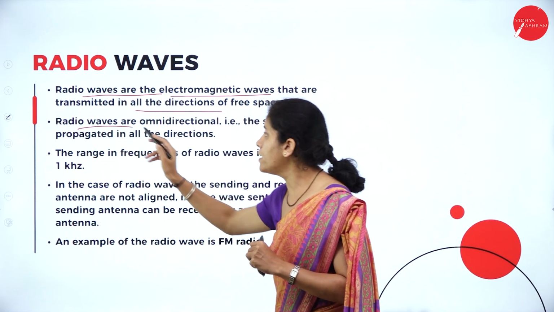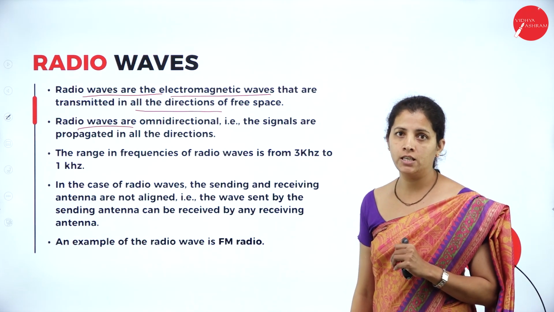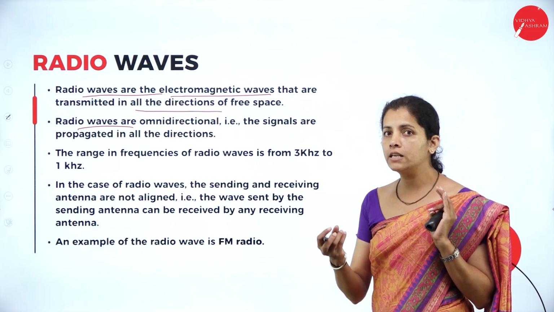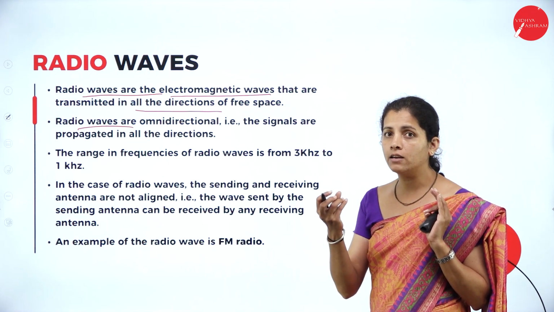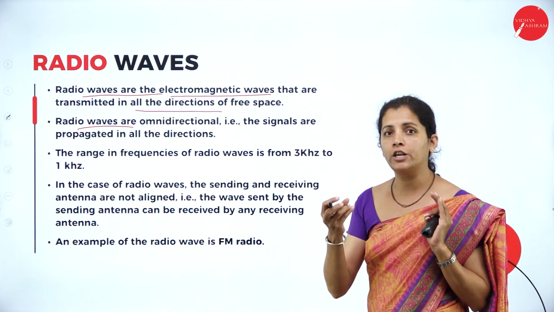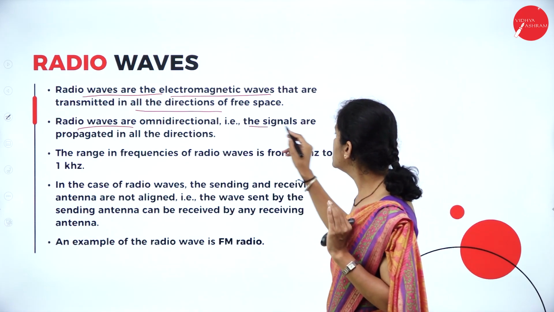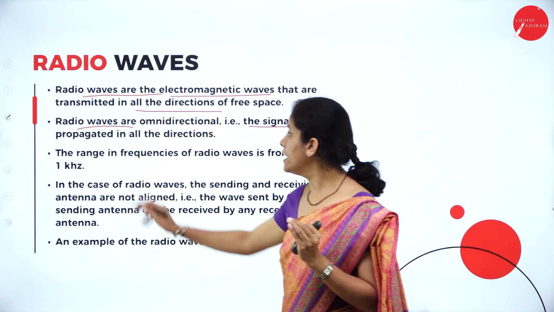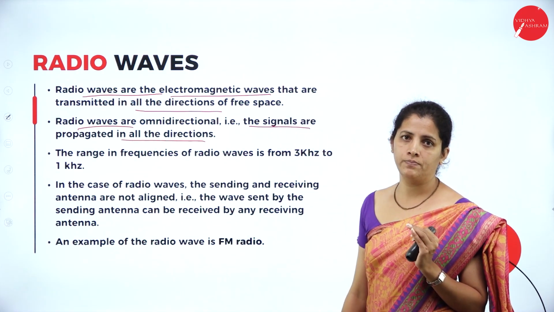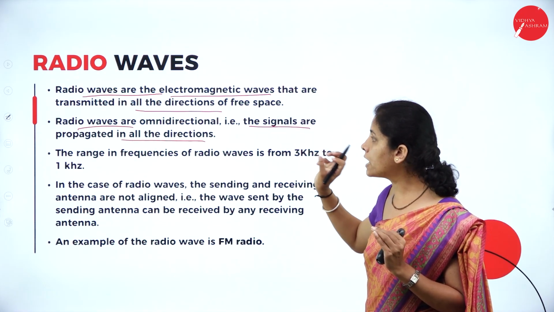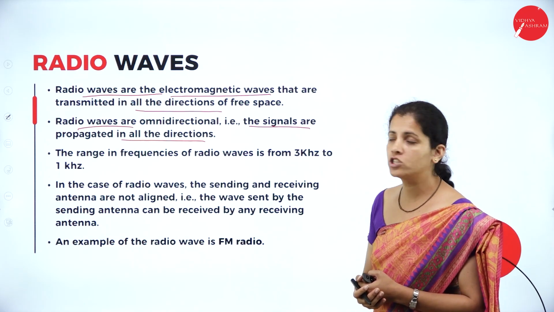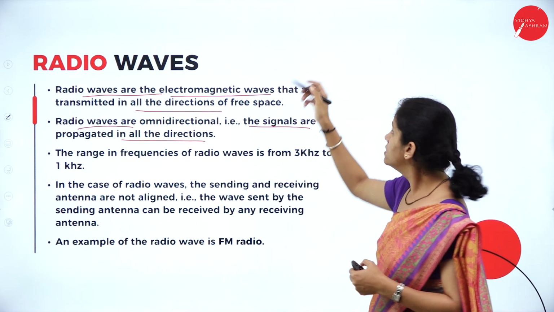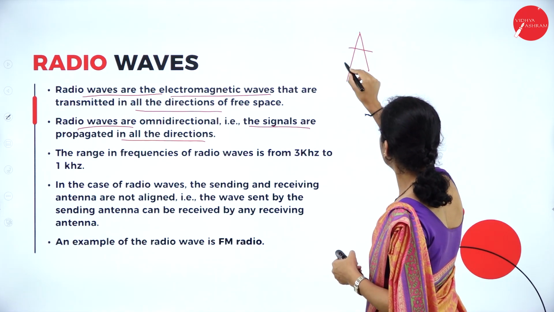So, radio waves are omnidirectional. What is omnidirectional here? All the signals are carried through all the directions. So, the signals are propagated or carried in all directions. Signals carried in all directions are known as omnidirectional. Think that I have one radio station.